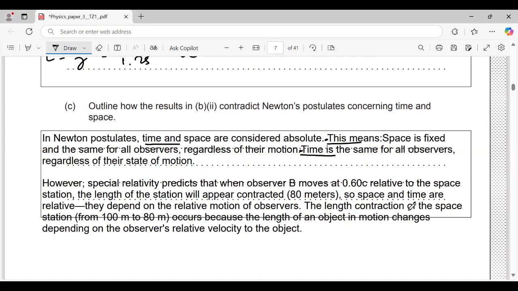The length contraction of the space station from 100 meters to 80 meters occurs because the length of an object in motion changes depending on the observer's relative velocity to the object. So that's the difference in opinion between Newton's postulates and special relativity: according to Newton, time and space are absolute, while according to special relativity, based on Einstein's theory, time and space are relative.